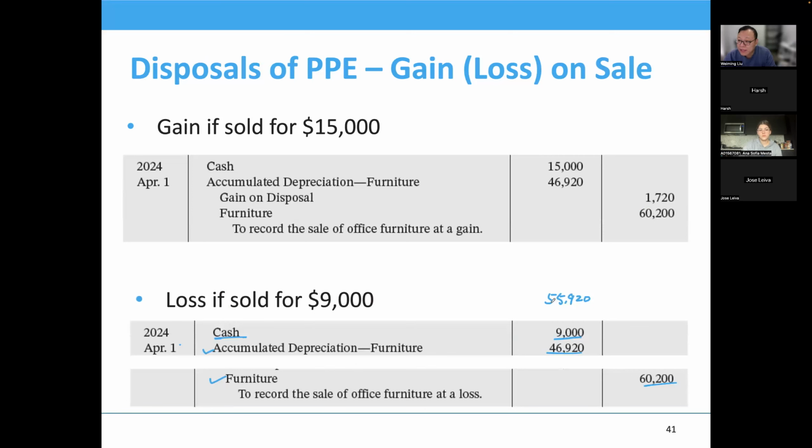Debit. I need additional debit, and the difference is 4,280. So that would be a loss.